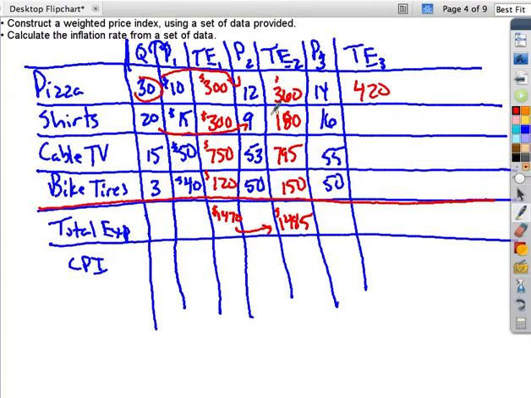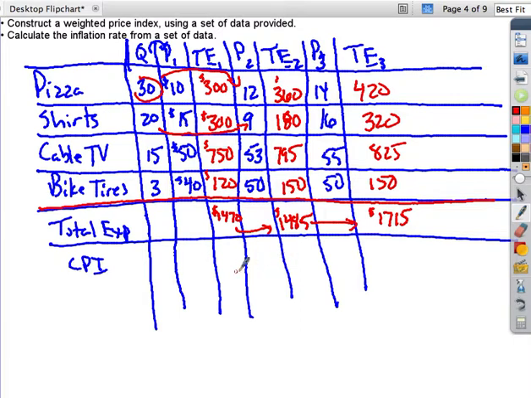I think these are right, but I might have to stand corrected. 320, 825, 150, and 150. That's it. And so then let's add them all up, and that comes to $1,715. And so what happened between years 2 and year 3, we can say that there was inflation again.